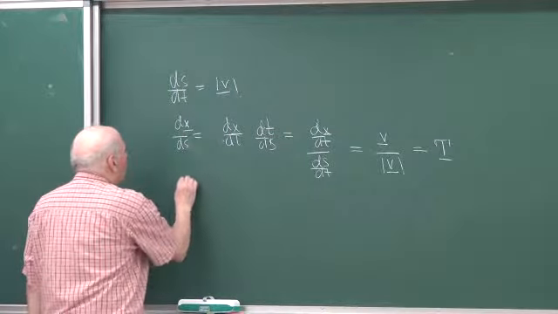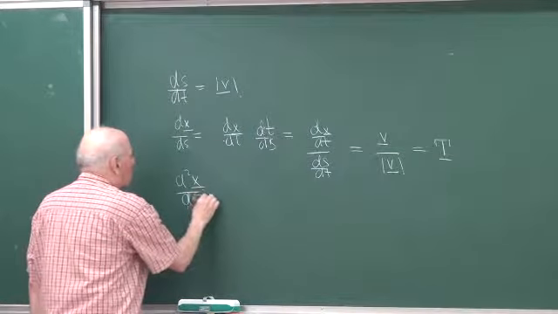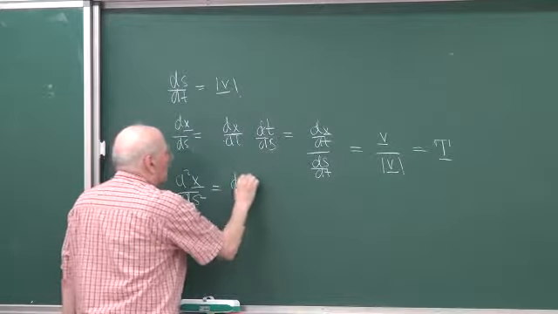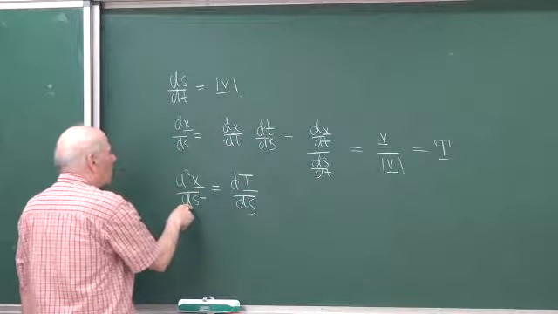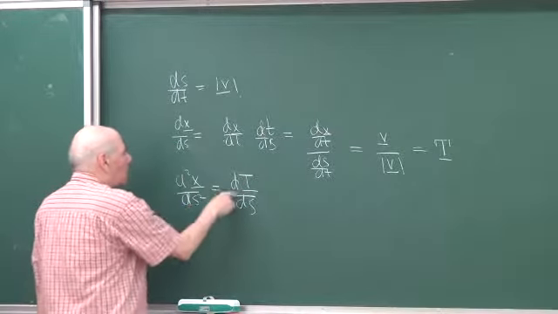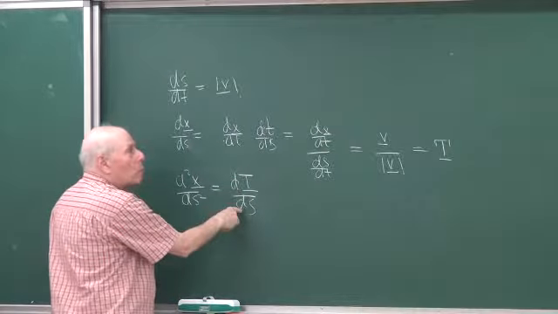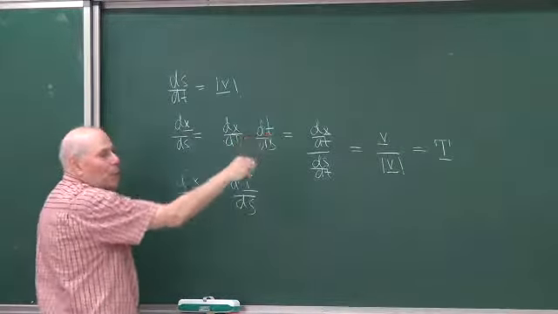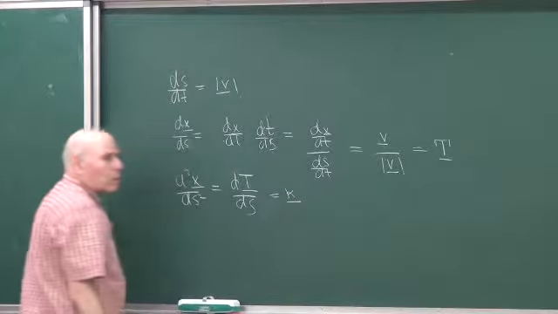So if I differentiate one more time, I get the second derivative of x with respect to s is the first derivative of T with respect to s. But the first derivative of T with respect to s is exactly how I define the curvature.